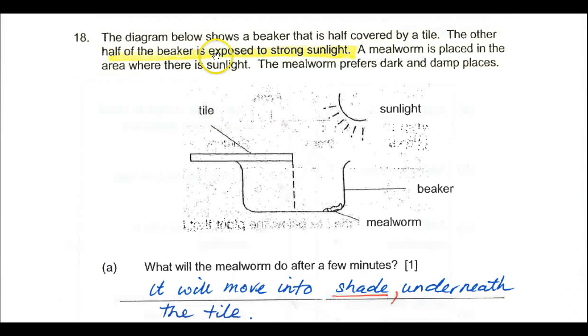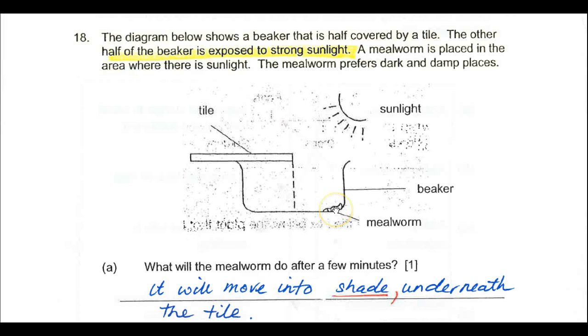Okay, the diagram shows a beaker. This is a beaker, just a container, half covered by a towel. The towel is just like a floor towel, a piece taken and placed on top of the beaker. Now the other half of the beaker is exposed to strong sunlight. Strong sunlight will definitely irritate the mealworm.